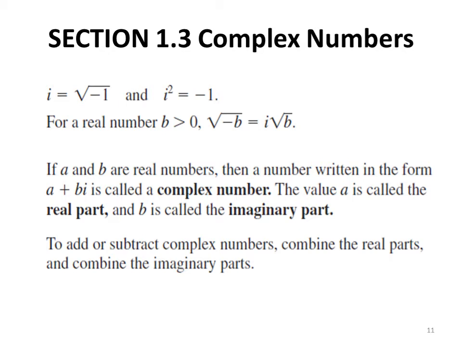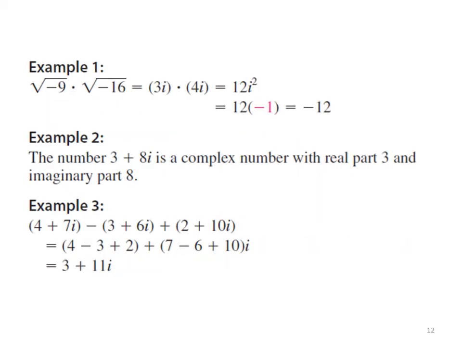And you always try to write the number in the format a plus bi, but it should be easy to add and subtract complex numbers. Also, you can multiply complex numbers. The multiplication should also be easy.